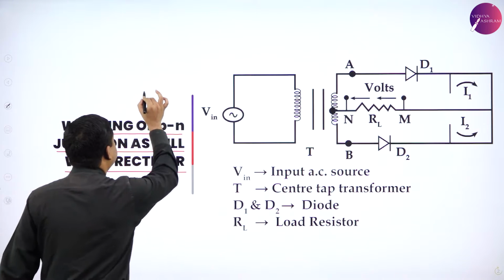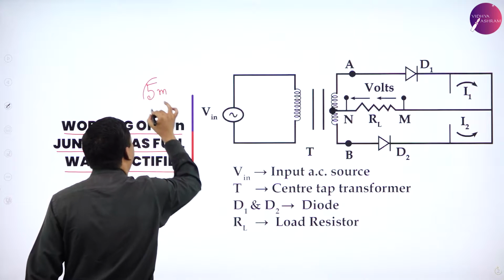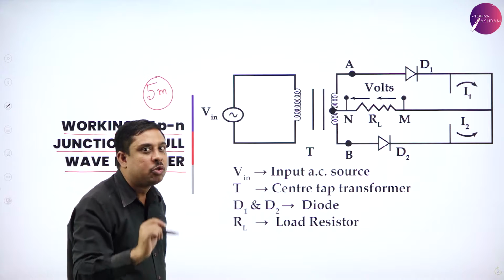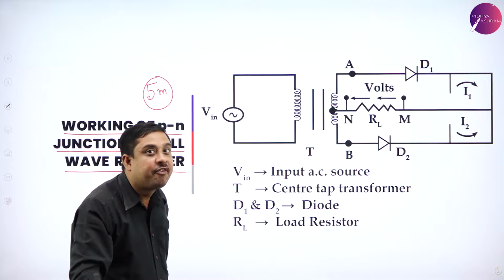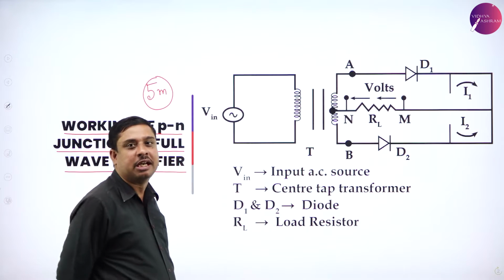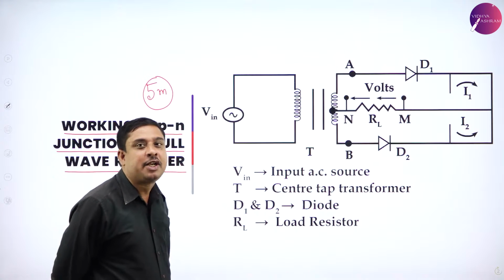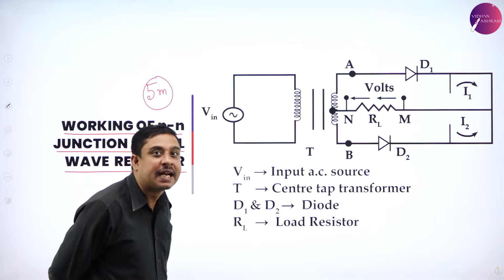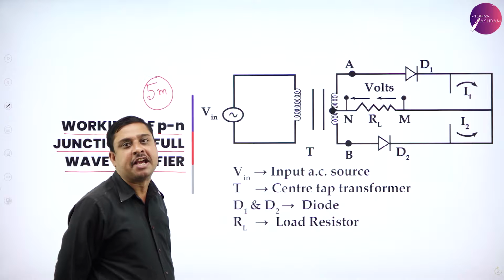This is a very important 5-mark question that is asked again. In the 2020 paper, they have asked about half wave rectification. So all possibilities that you may get full wave rectification as a question for 5 marks.